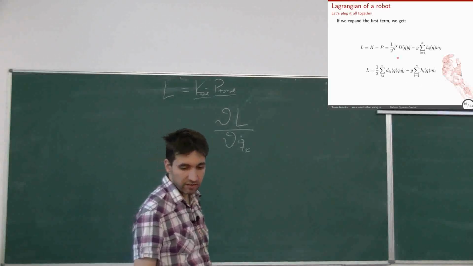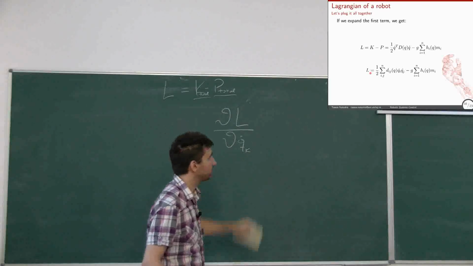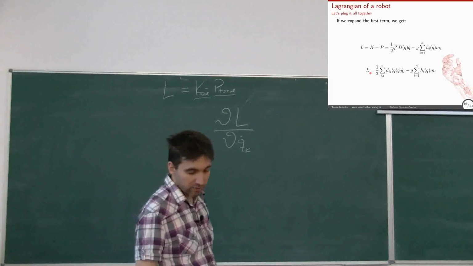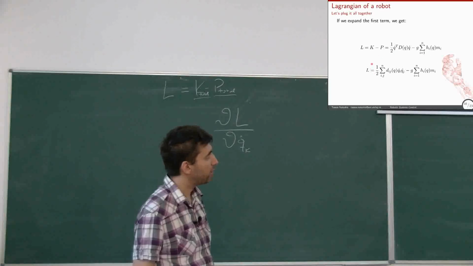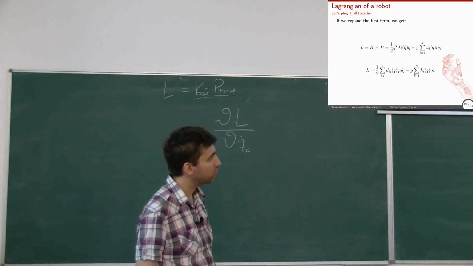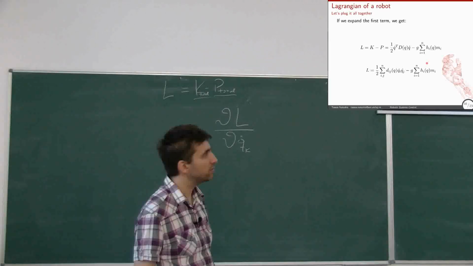I need to derive this Lagrangian with my q dot kappa. Which terms from here depend on my q dot kappa? Does this term depend on q dot? No. So the derivative with q dot will be 0, right?